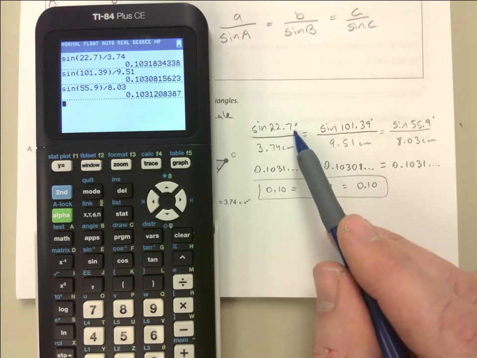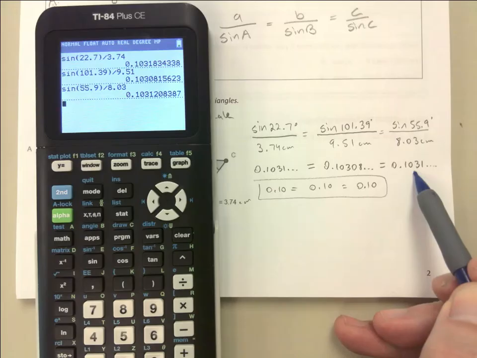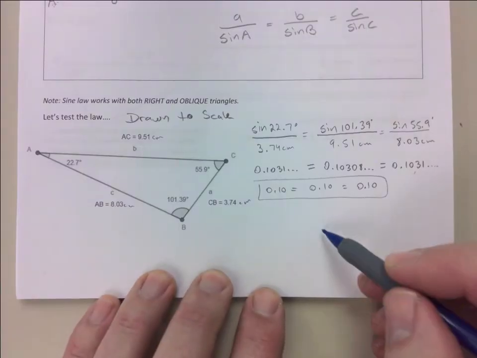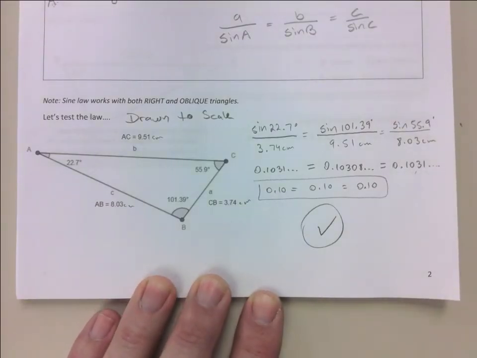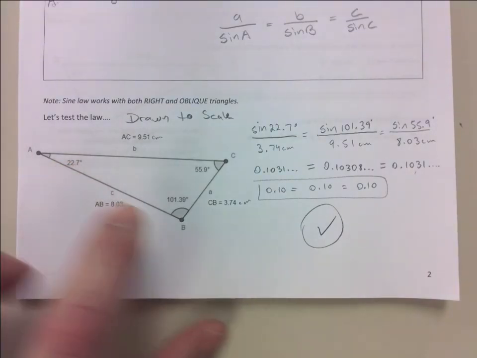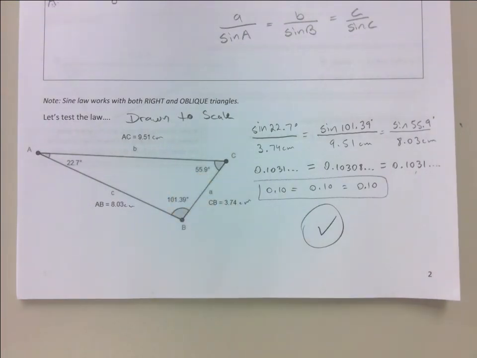If I had given you all decimals everywhere, all of these values would have been exactly the same. But when we round to 2 decimals, we definitely can see that sine law is accurate. Also, if you were to add up the angles, they should add up to 180.